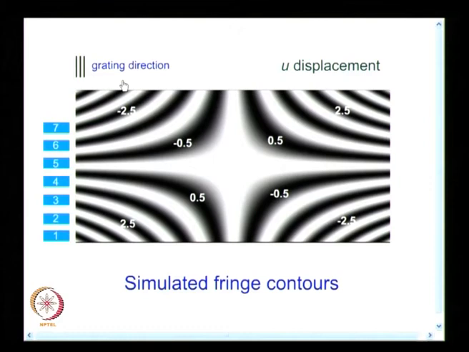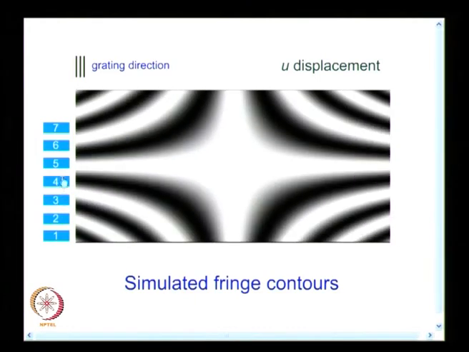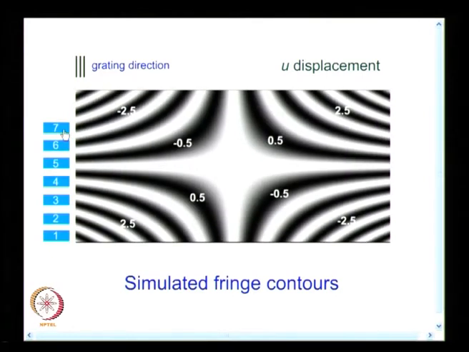I would like you to have a reasonable sketch of this, and when you do this, you will have an idea of how the whole field pattern looks, and there is a lot of indirect learning. One is, suppose I change the load, and you see this is how the fringes are developed. As the load is increased, more and more fringes are developed, and this is a very key piece of information in most experimental techniques to label the fringe orders, as an auxiliary method. Another thing you find is that the fringe thickness is different.